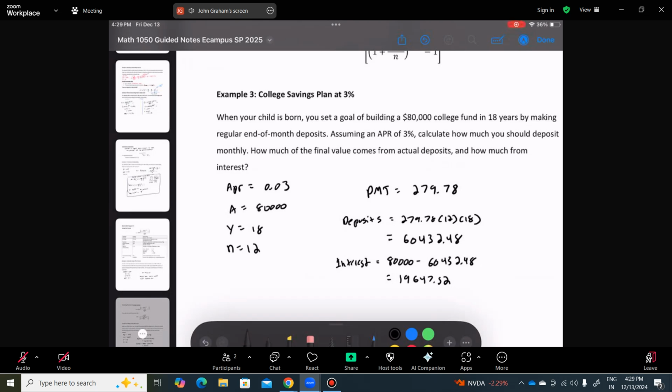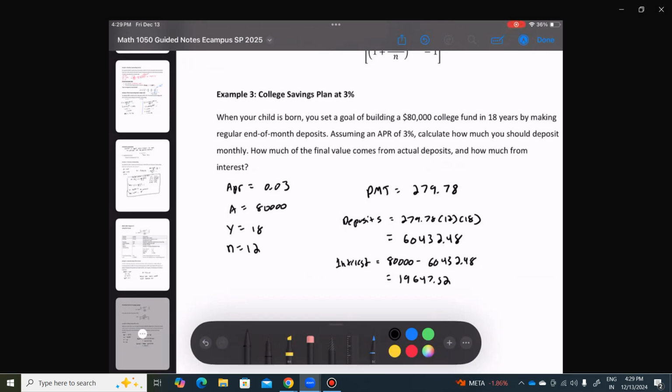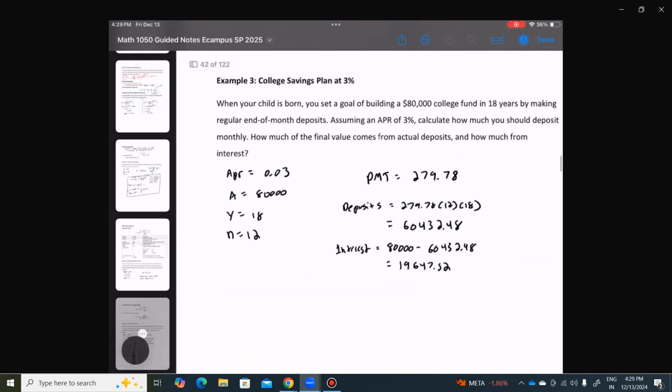We can look at this in terms of percentage as well. If we look at the deposits, 60,432.48 over 80,000 gives us 0.76.